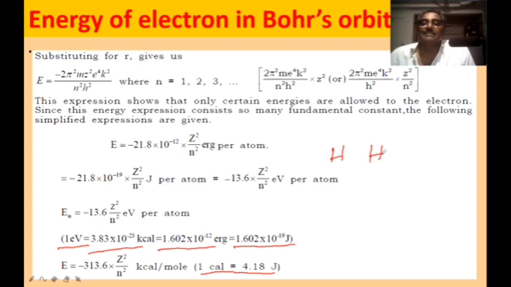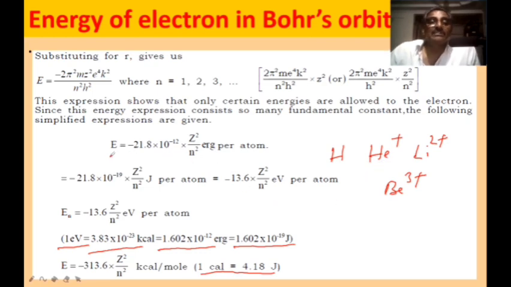What are the single electron species? Hydrogen, or He plus, or Li2 plus, or beryllium 3 plus. These are all single electron species. This formula to find out the energy of electron in the orbit can be used for any single electron species. What is that formula?